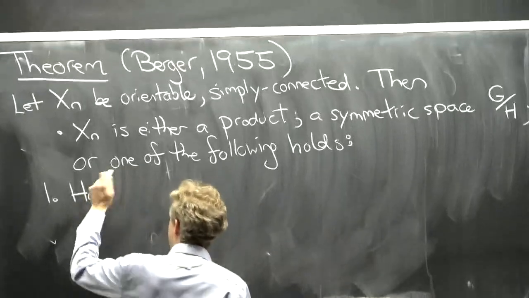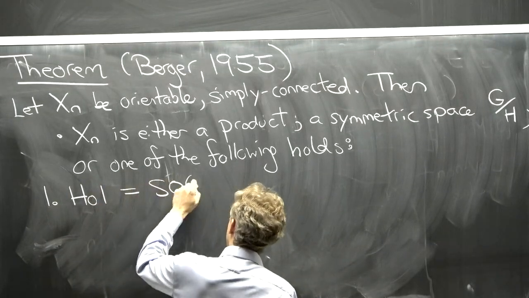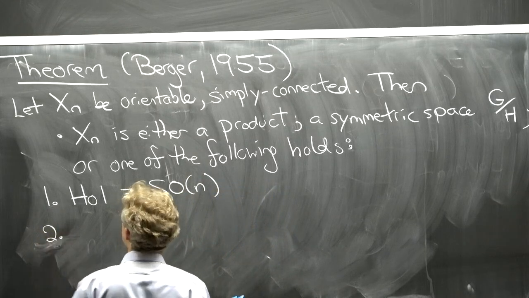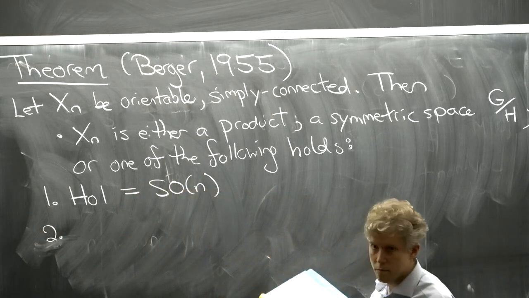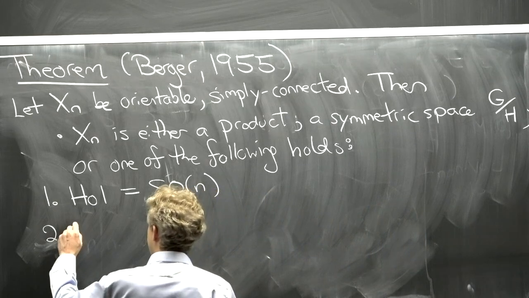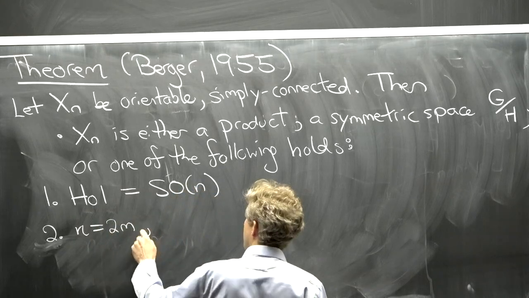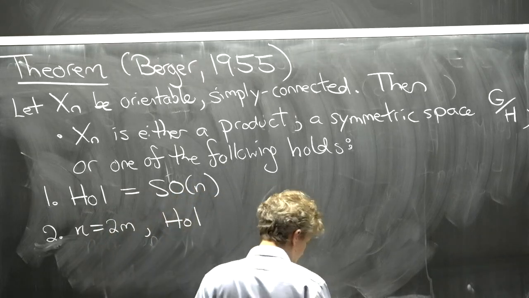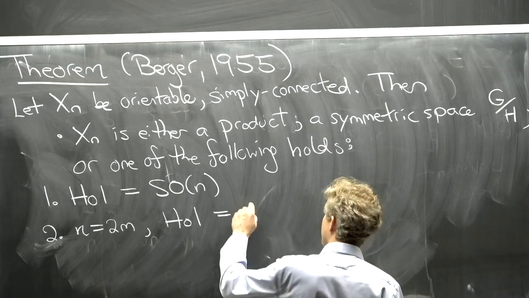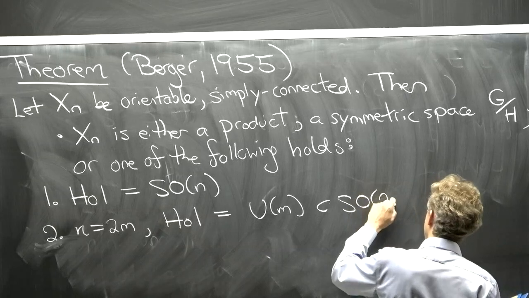First case, the generic case. The holonomy, the Riemannian holonomy group, is equal to SO(n). That's the generic case. That means the manifold doesn't have any nice structures. First interesting case, the dimension is even, and the holonomy group is equal to U(m), which sits inside SO(2m).